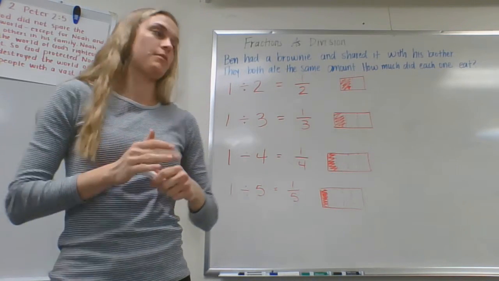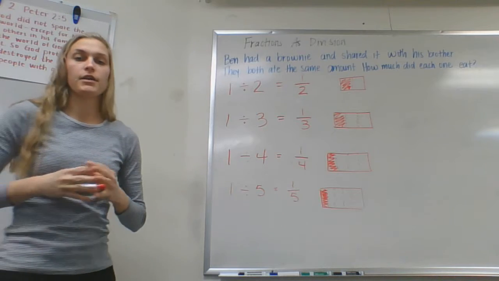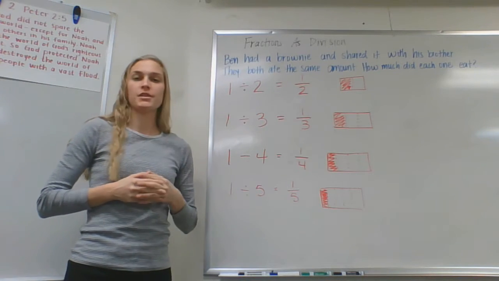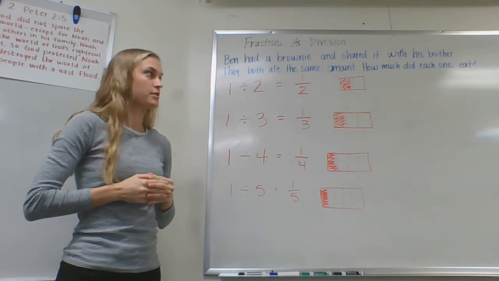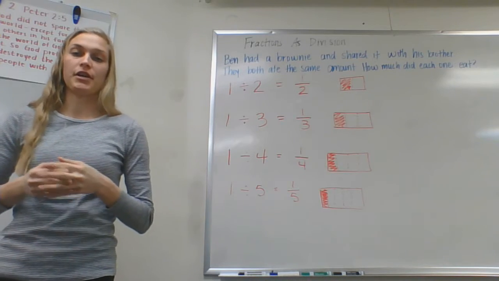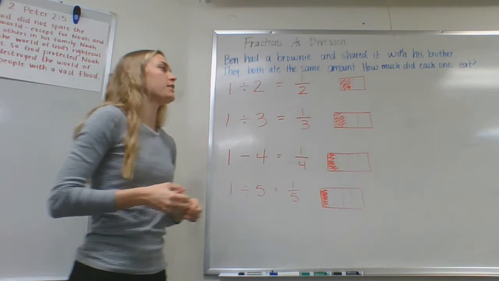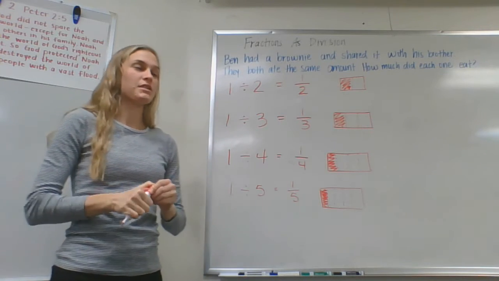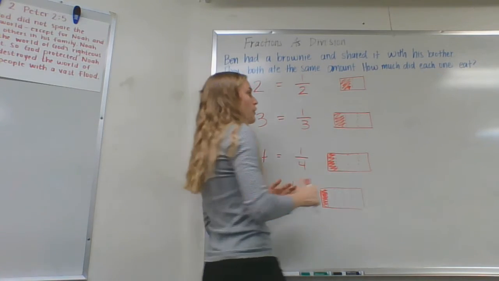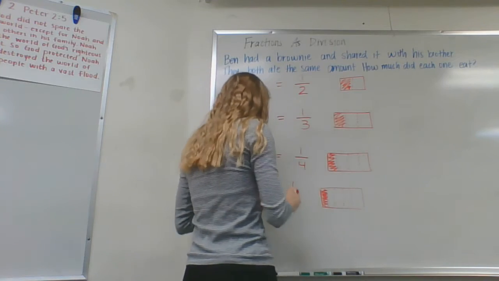So let's think about this problem. Say there are 4 siblings, they're eating breakfast, and they're sharing 3 pieces of bacon. There's only 3, there's 4 of them. So we're going to take our 3 pieces of bacon.